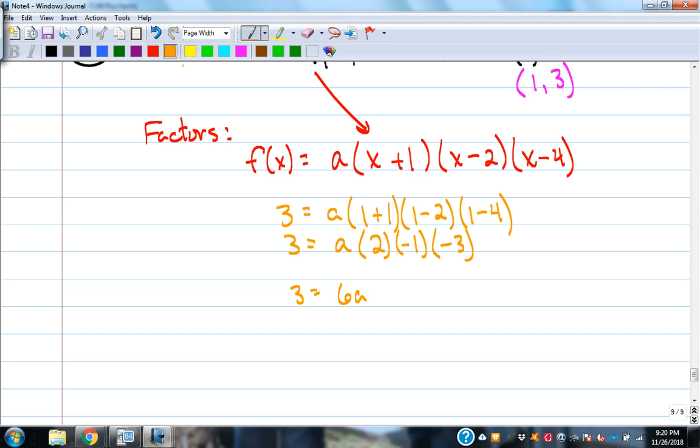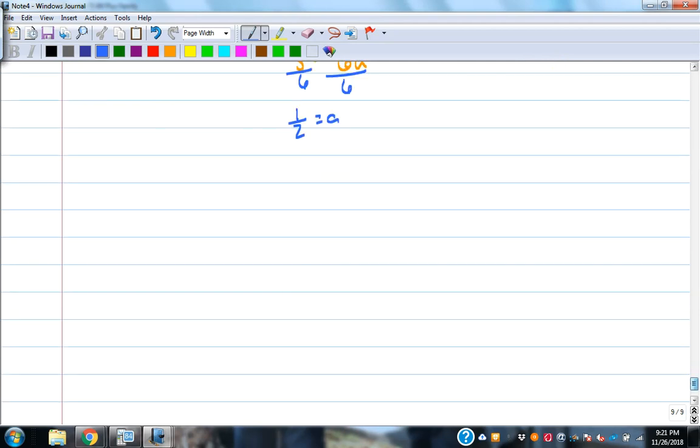How do we get A by itself? Divide by 6. 3 over 6 is 1/2. So A is 1/2. So we go back up here and we say f of x is equal to 1/2 (x plus 1)(x minus 2)(x minus 4).